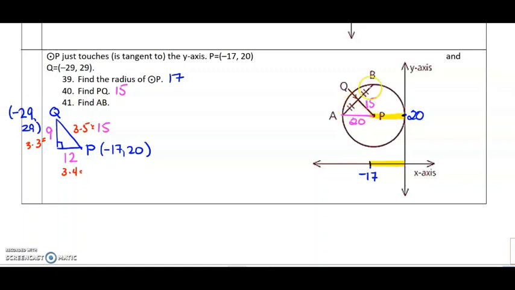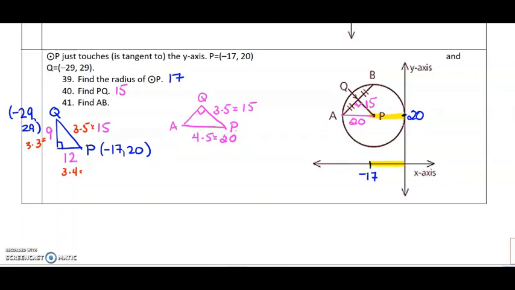And if a radius bisects the chord, it's perpendicular to the chord. So now I have right triangle AQP, where Q is the right angle. So this side is 3 times 5, or 15. This side is 4 times 5, or 20.